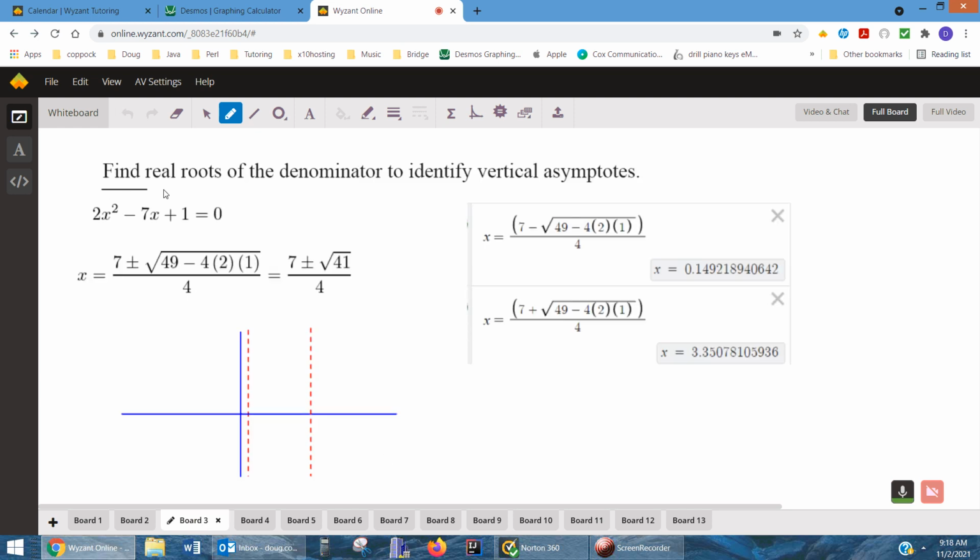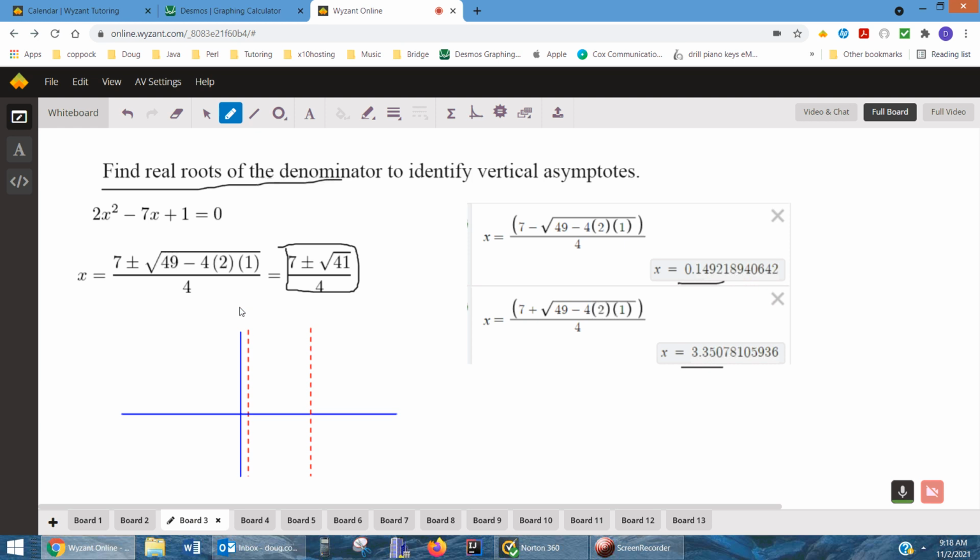Now to find the real roots of the denominator, we'll do that in order to find the vertical asymptotes. So we've got to use the quadratic formula, or completing the square. Here are the roots for the denominator, and here are some values, and that's what these red dashed lines are.